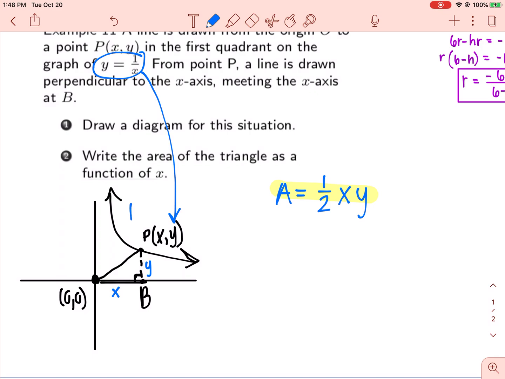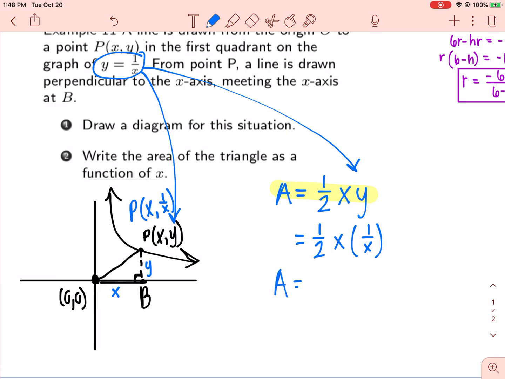So this point is really P(x, 1 over x). I can use that to my benefit. I can use that right in my equation now. It's going to be 1/2 x times 1 over x. Those will cancel. So actually, I don't even need it in terms of x because it goes away. I'll just have 1/2 units squared, whatever it is, because that's area. Probably should have been doing units for all of them.